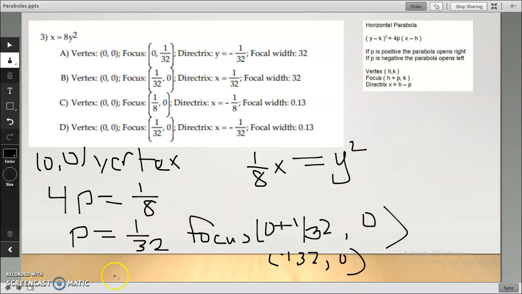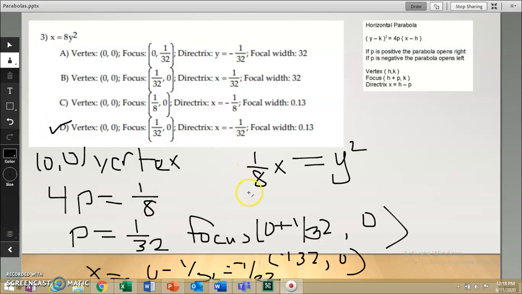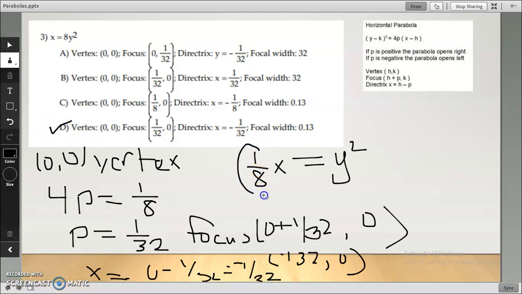So the directrix is just x equals 0 minus 1/32, which is equal to -1/32. And then the focal, we can already see that the answer is D. But that focal width would be just my value here, which is 1/8. They put 0.13, which rounds from 0.125.